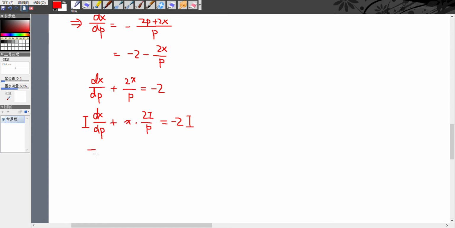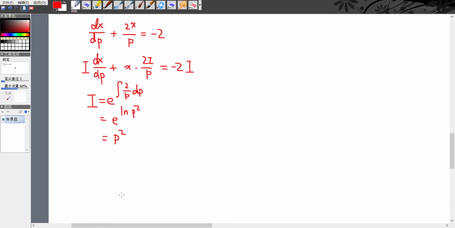And now I is just e to the integration of 2 over p dp, which is just e to the 2 ln p, which is just p squared. And this is not very hard to operate. Maybe you can try this on your own.